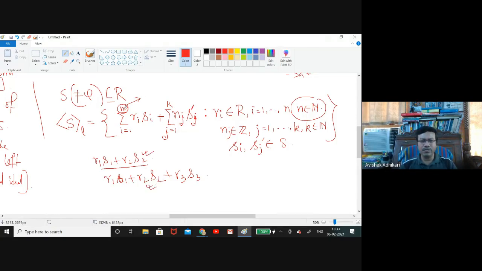That's why we need to vary this n. That's why this n is also varying here. That is very important, so you should understand this. Here also you cannot keep k fixed. That's why this k is varying here. And here we have S and S dash, that are from S. Is it clear to all of you?